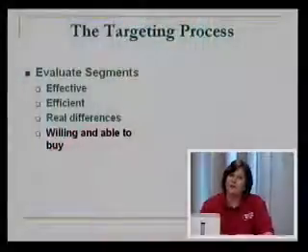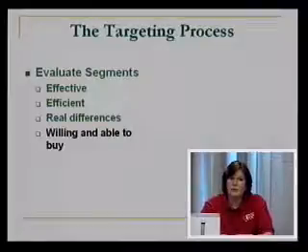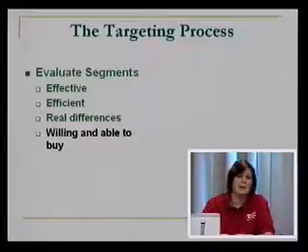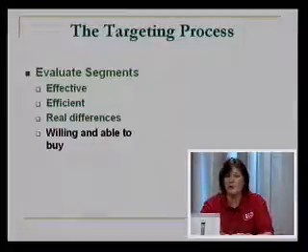Another thing we're going to look at as we evaluate our segments is whether this segment is willing and able to buy our product. They may have some interest in the product, but can they afford it? This will be looking at their disposable income or, depending on the product, discretionary income.